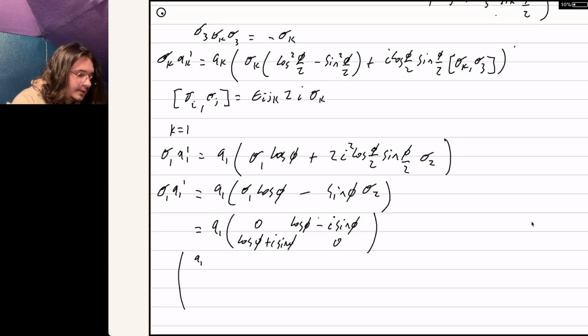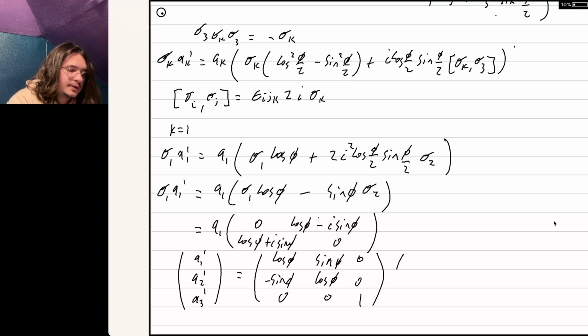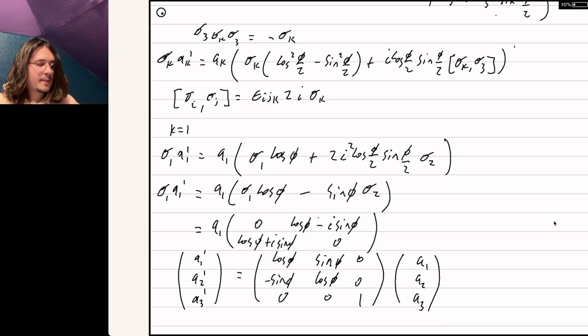So if you want to write it out explicitly, the whole rotation matrix should be cosine phi, sine phi, 0; minus sine phi, cosine phi, 0; 0, 0, 1; times this stuff. All right.